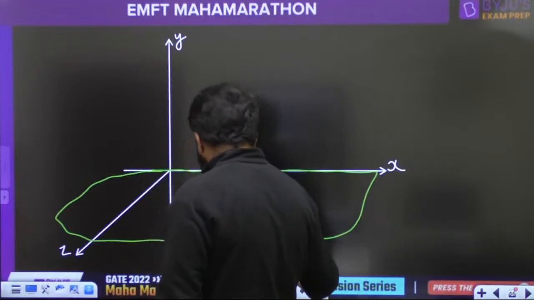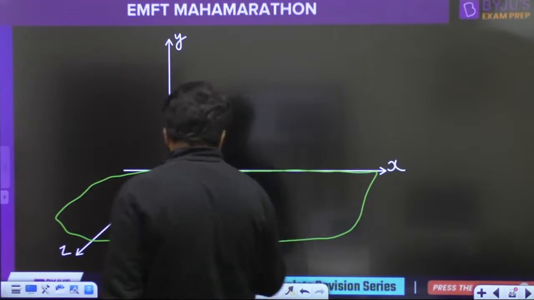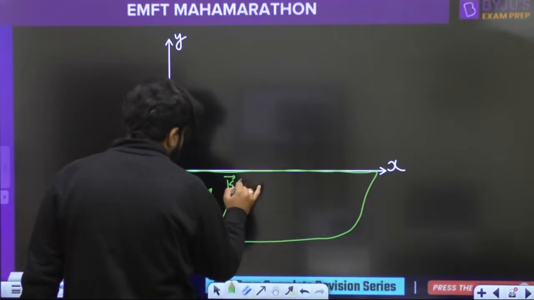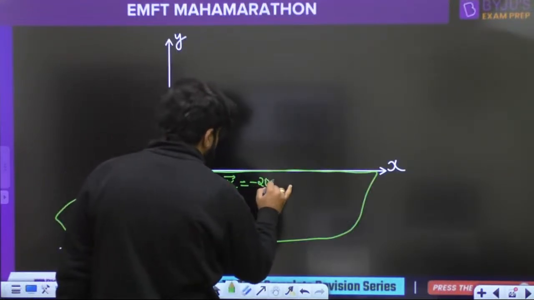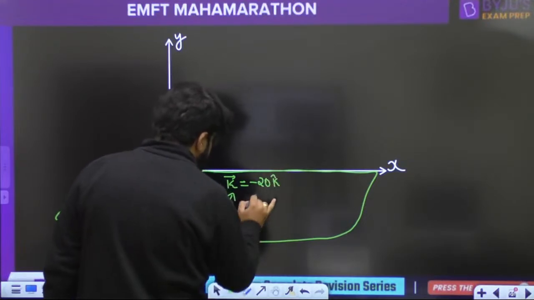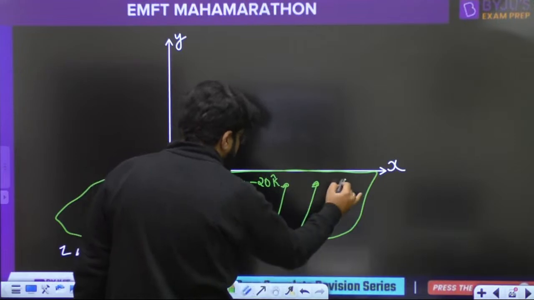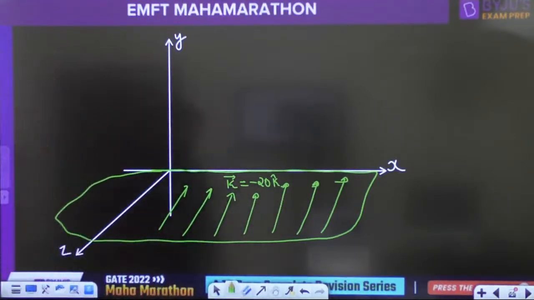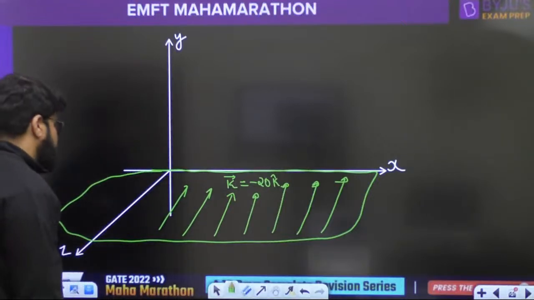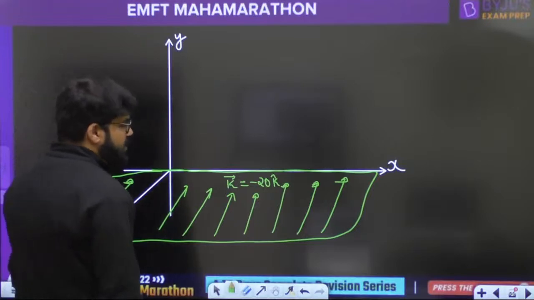The reverse of it will be minus z. This is the k which is minus 20k current density.